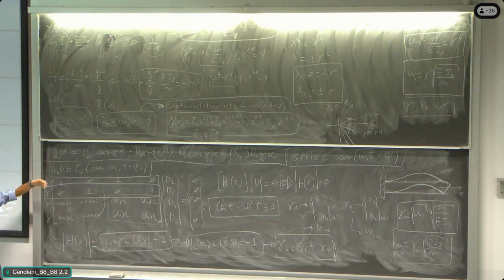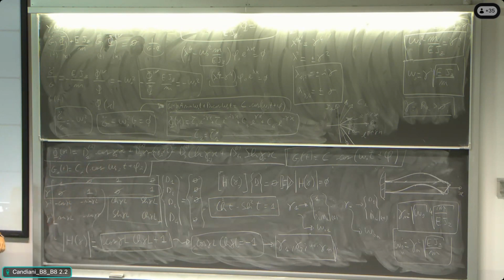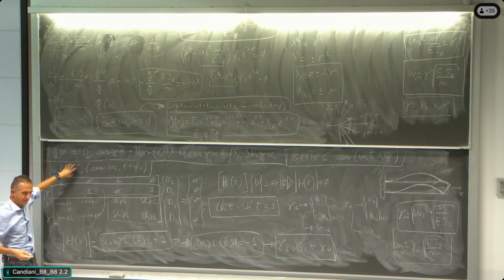Or Gn, if the index that is running is n instead of i, whatever you want. So you make this summatory of space function multiplying time function.